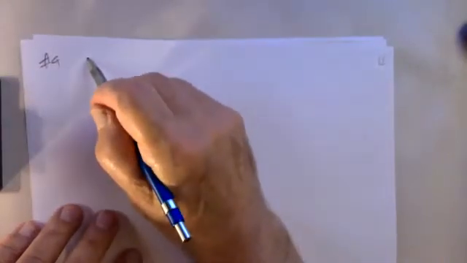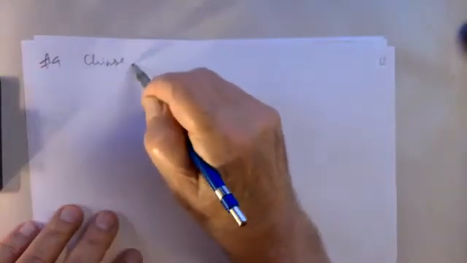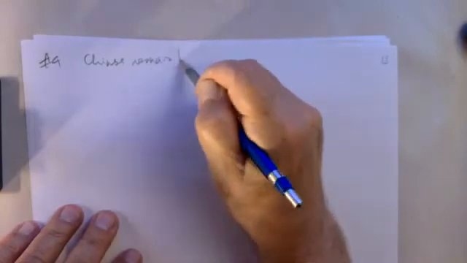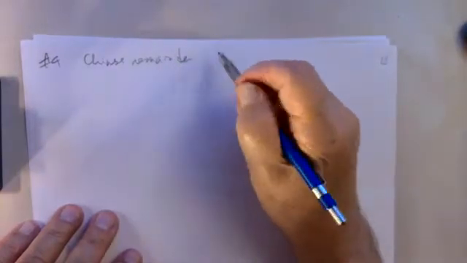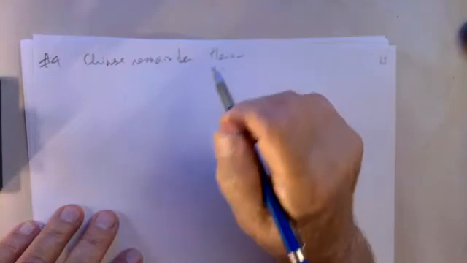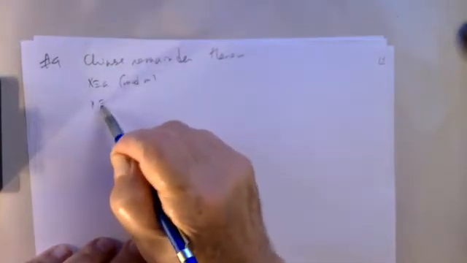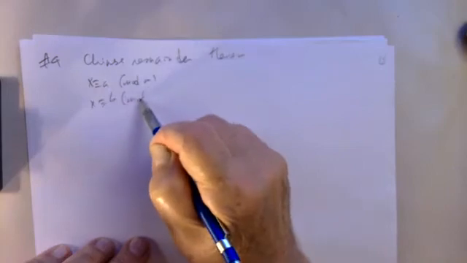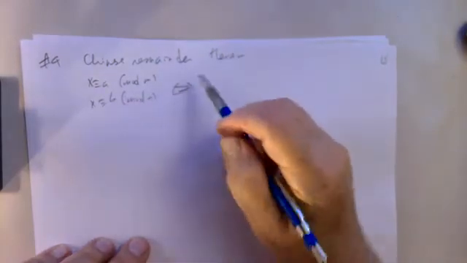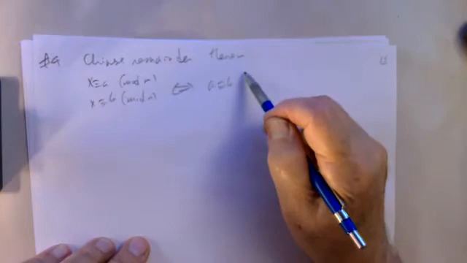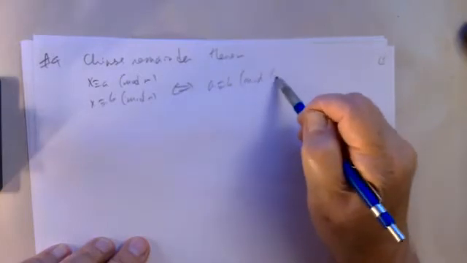So problem 4 uses the Chinese remainder theorem. The Chinese remainder theorem says you can solve the congruences x congruent to a mod m and x congruent to b mod n if and only if a is congruent to b modulo the greatest common divisor of m and n.